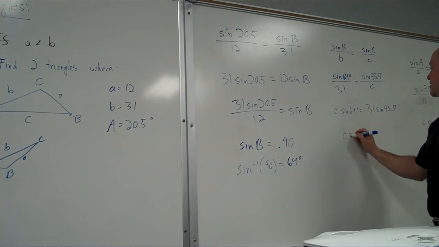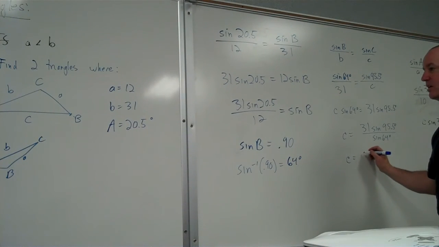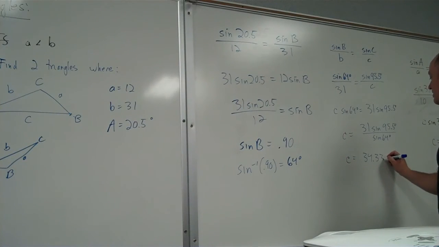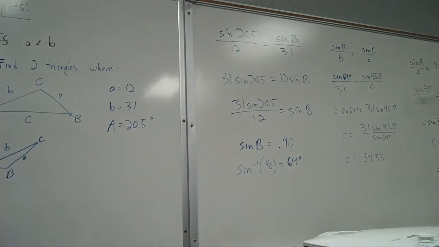Okay, and then C is going to equal 31 sine 95.5 over sine of 64, which is 34.33. I trust you on the rounding, Sam? Yeah, it's 34.331.